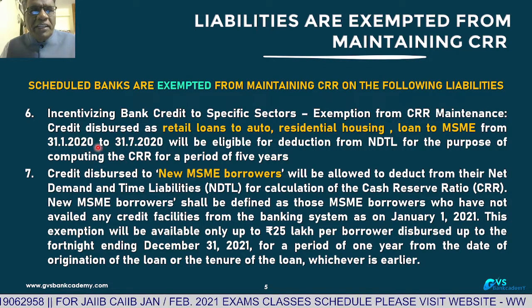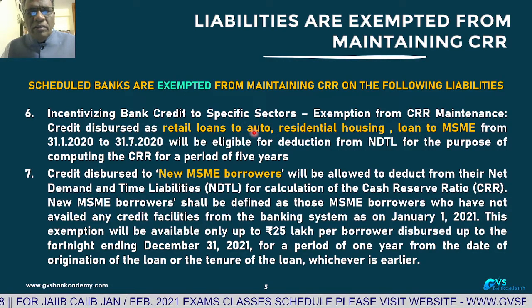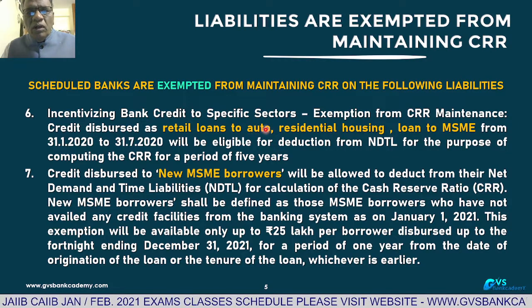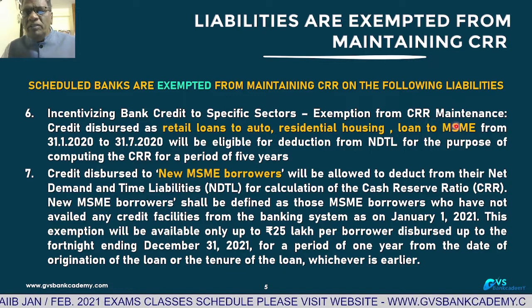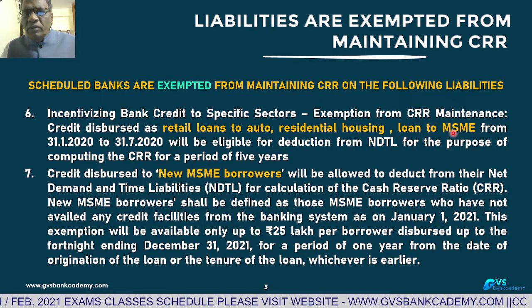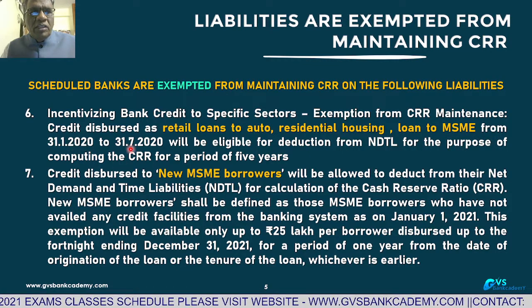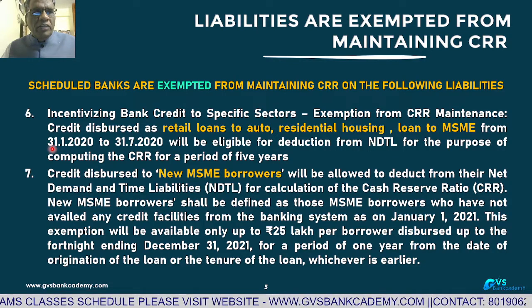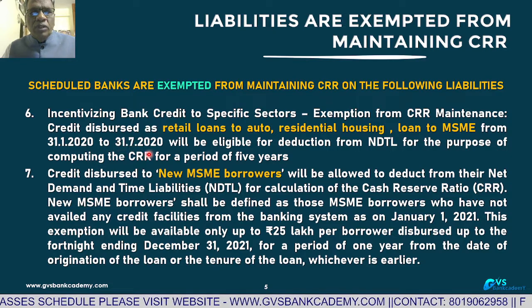Credit disbursed as retail loans to auto, residential housing and MSME sectors. The sanction period is 31st January 2020 to 31st July 2020.